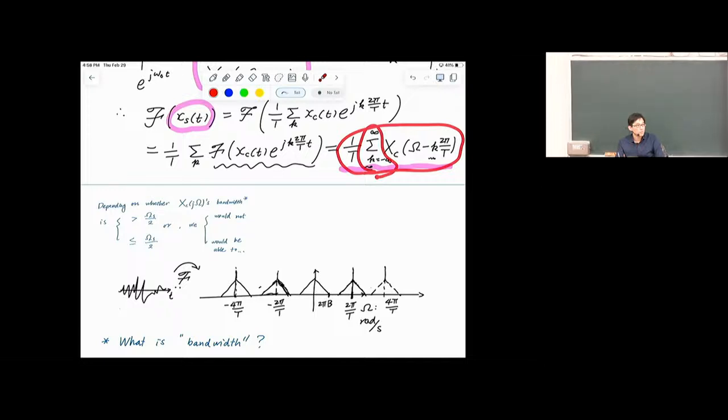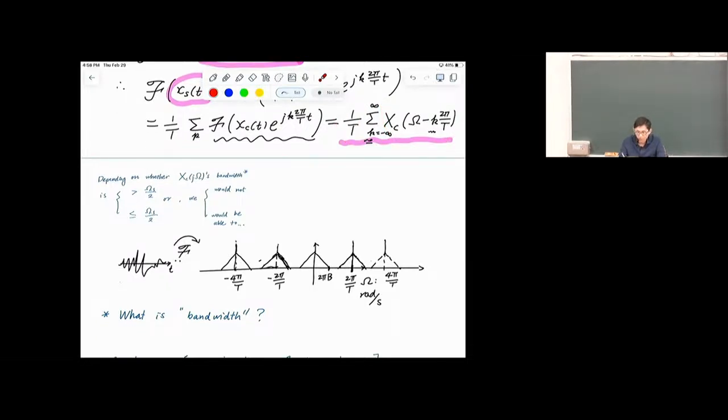Okay, but this is the case when we sample fast enough. When we sample fast enough, that means we have enough spacing.